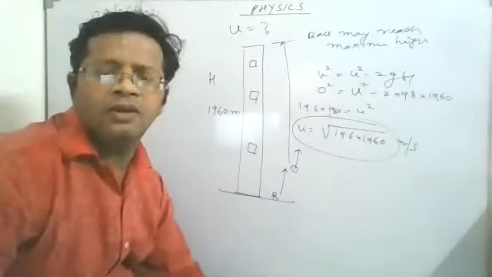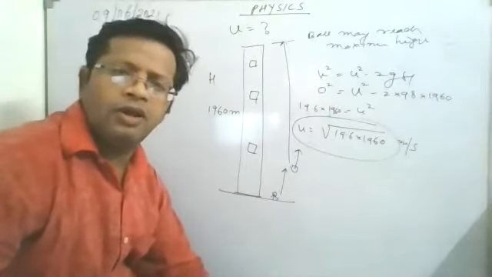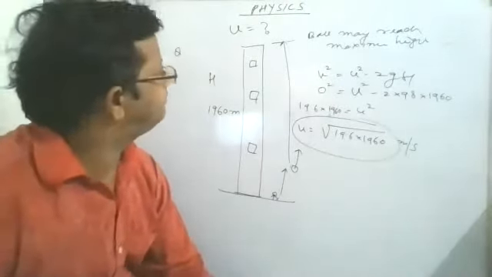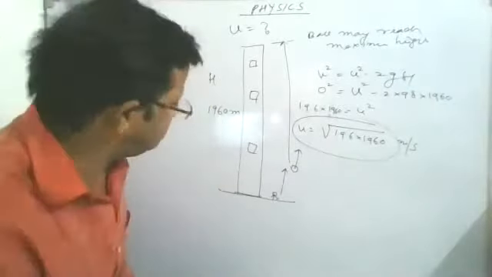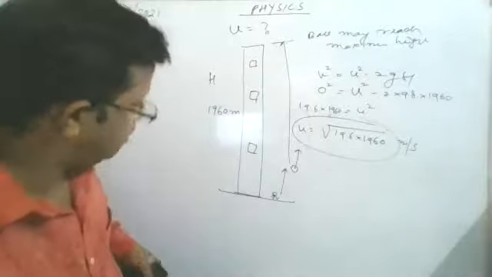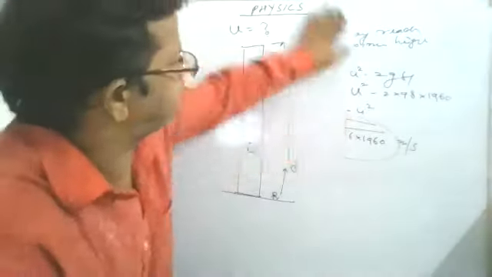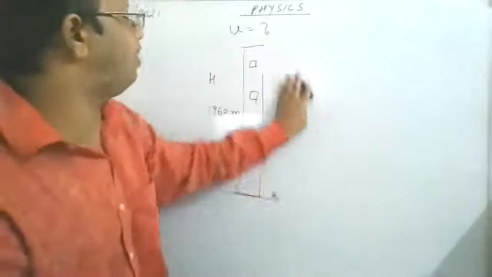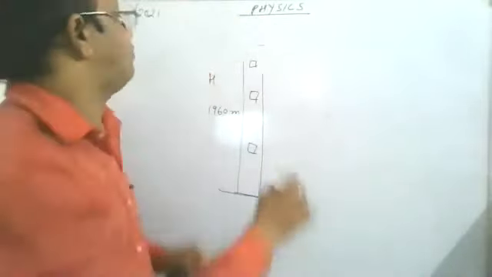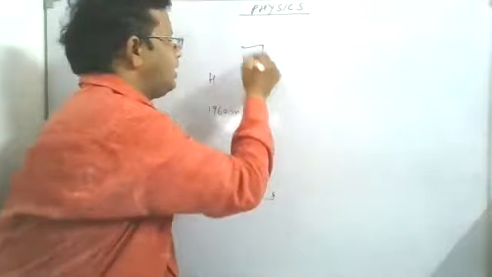Now, if you are asked that someone is throwing this ball in vertically downward direction with velocity from the top of the multi-story building, what is the height? Height is given.